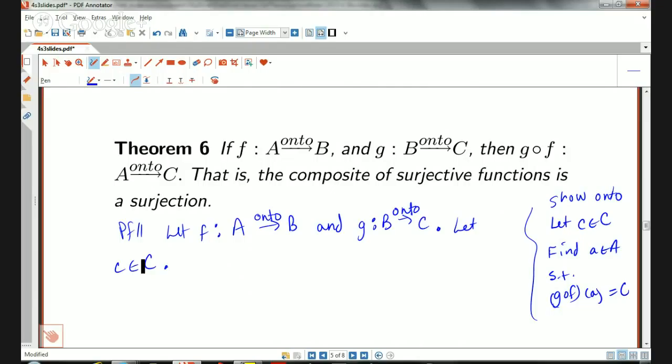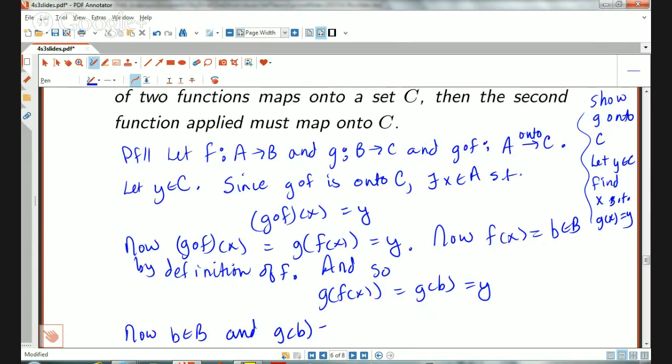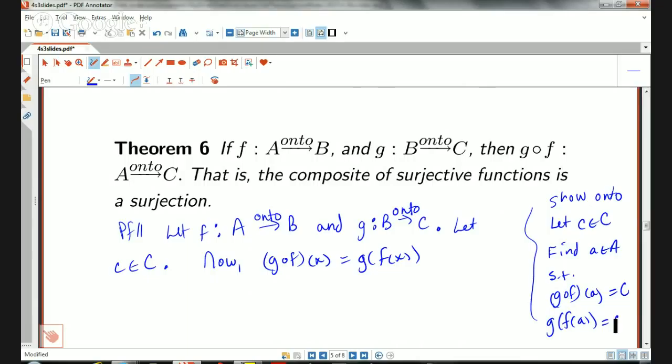What is the definition of function composition? Okay. Then, so that implies that G is onto. Well, G of F of A is equal to C. Well, what is F of A?